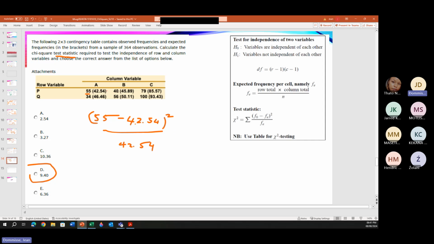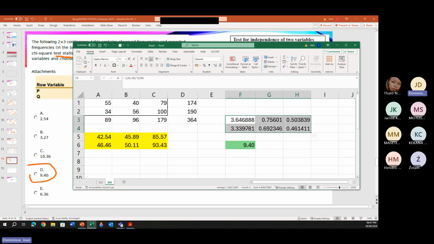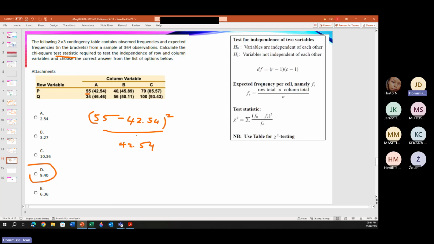When I send each of those, you can check if you get the same answer. If you want to practice it without Excel, you can, but you can then sense check your answer in Excel.